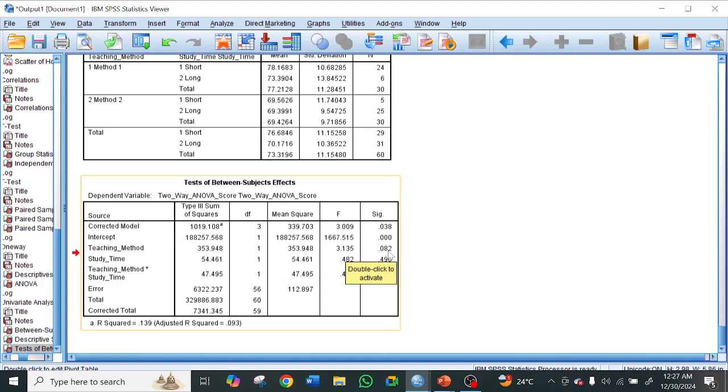So the effect of teaching method on scores is also not significant, but it is close to the 0.05 threshold. That means teaching method is a key factor, much more than study time. That's based on this research.